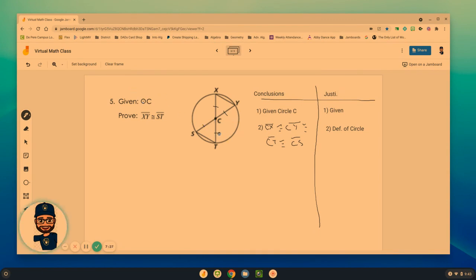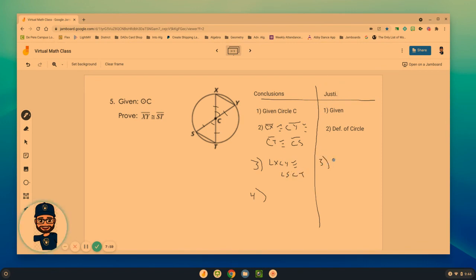So now I've got a side and a side and a side and a side. But before I can prove that parts of the triangle are congruent, I've got to be able to show that two triangles are congruent. How do I get two triangles yet? Well, once again, we've got vertical angles. Angle XCY is congruent to angle SCT.